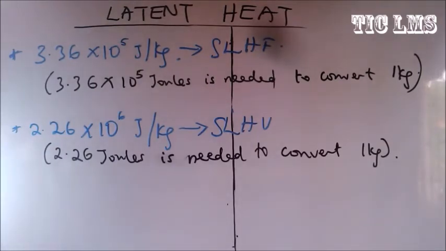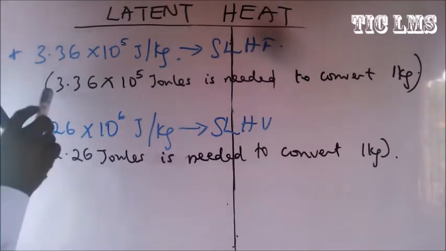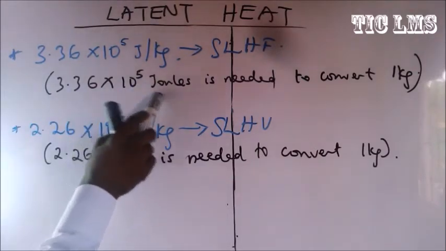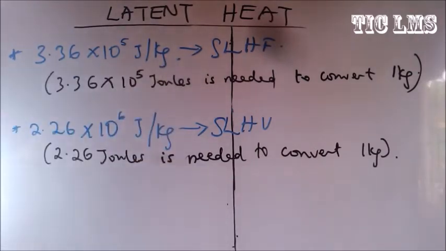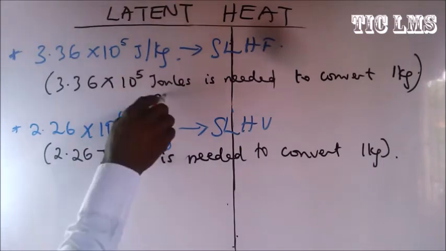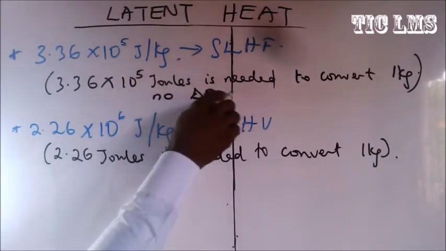They are saying that the specific latent heat of fusion of ice is 3.36 times 10 raised to the power 5 joules per kilogram. It means that 3.36 times 10 raised to the power 5 joules of energy is needed to convert 1 kilogram of that ice into water without a change in temperature. So take note, no temperature change.